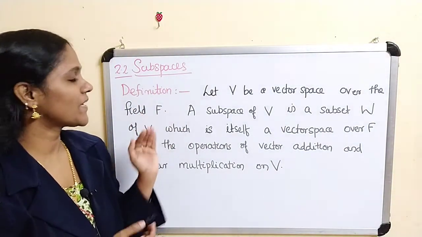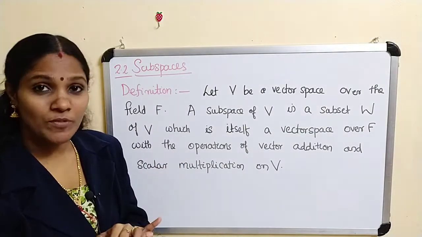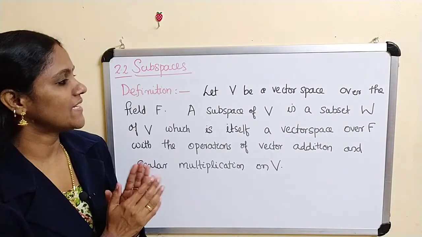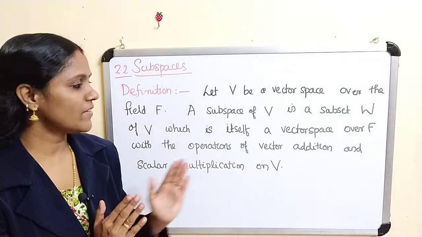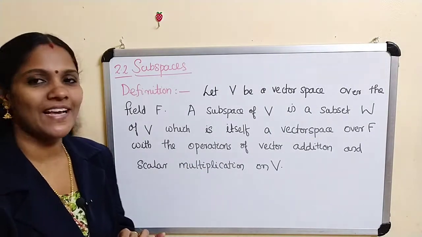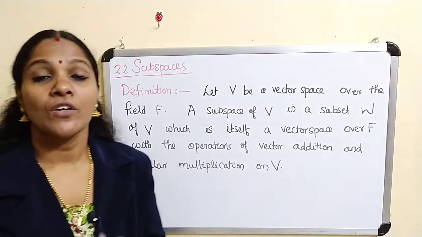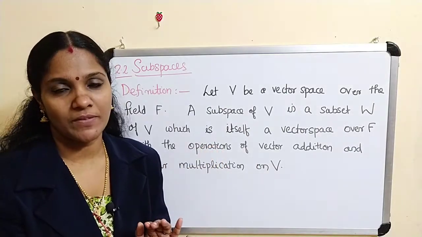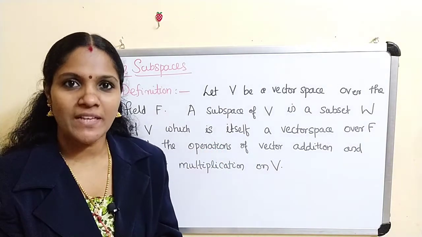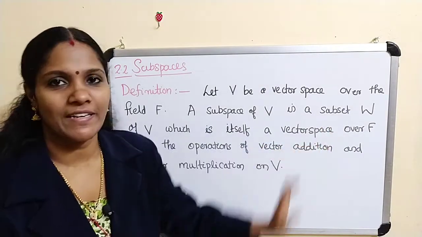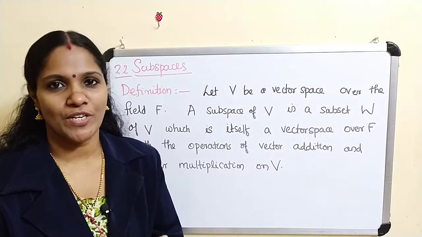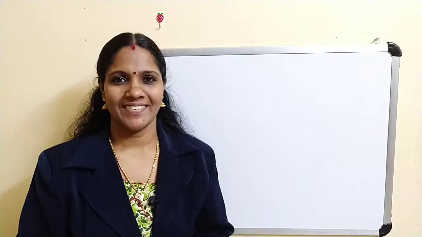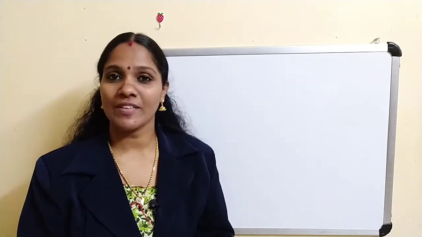Let V be a vector space over the field F. A subspace of V is a subset W of V which is itself a vector space over F with the operations of vector addition and scalar multiplication on V. So a subspace means it is a subset of V which is itself a vector space over the same field F with the same operations of vector addition and scalar multiplication on V.